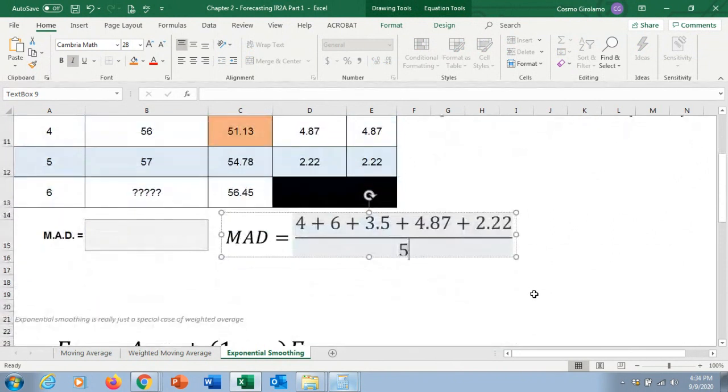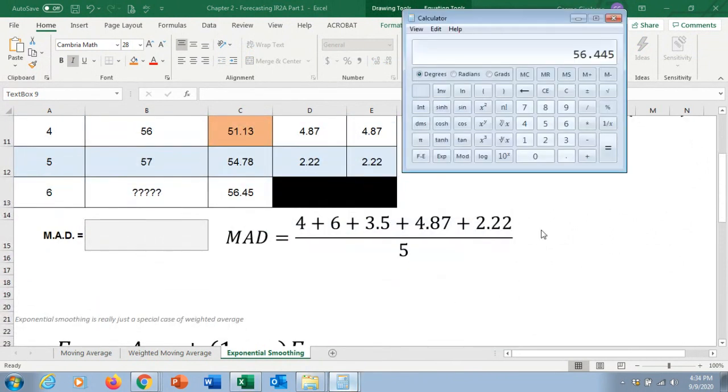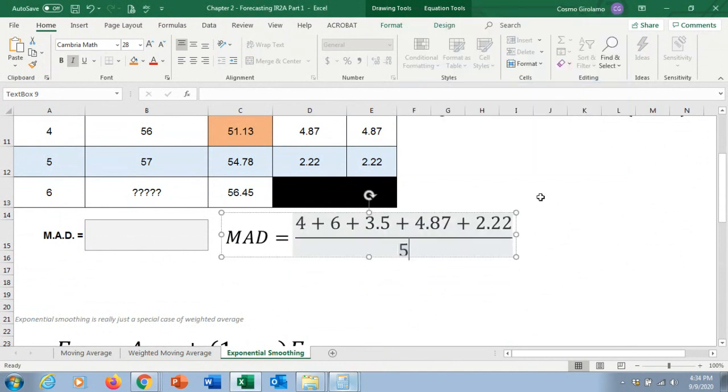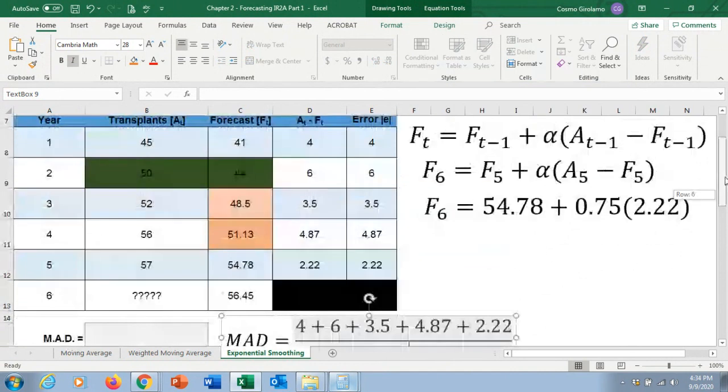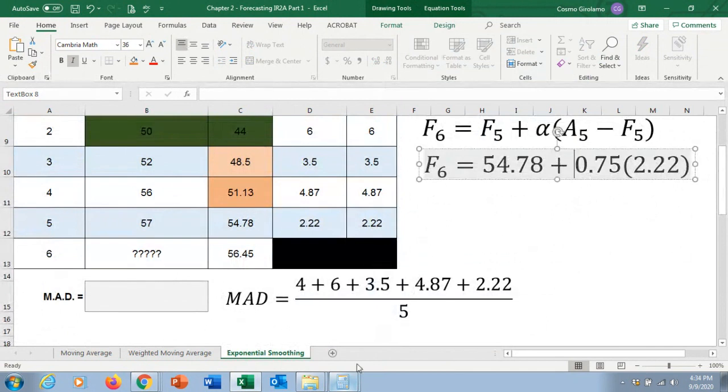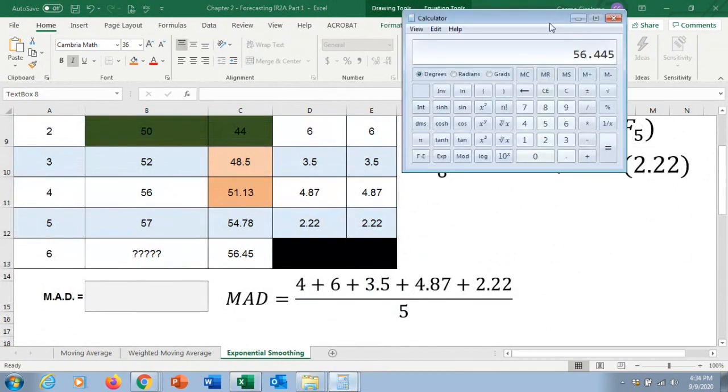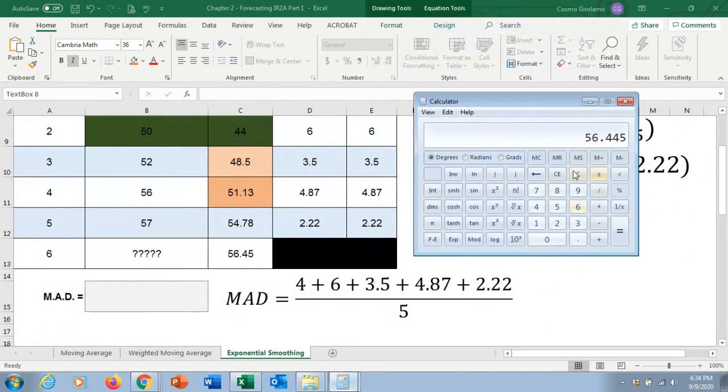In this case, it's 5. So we get a total of 20.59. Divide by 5, we get 4.12.